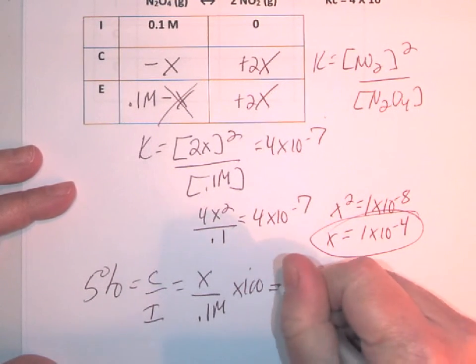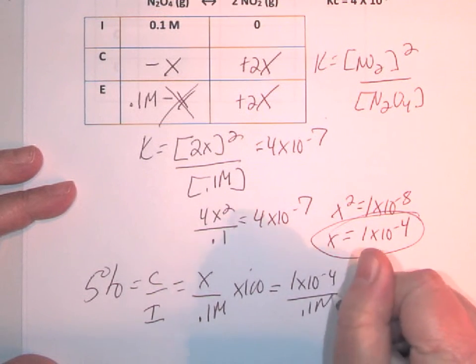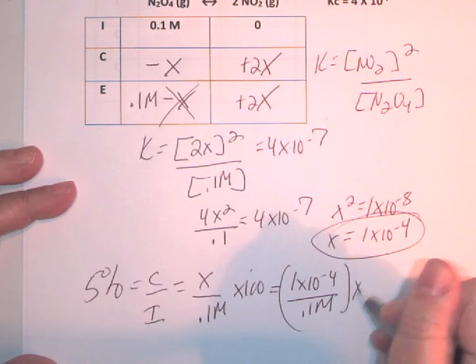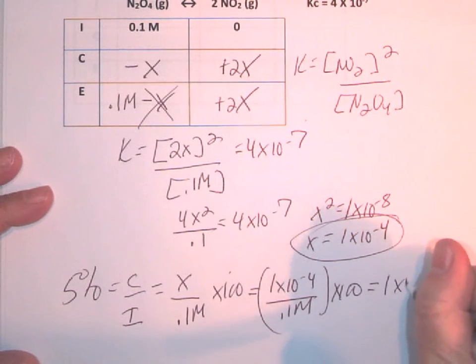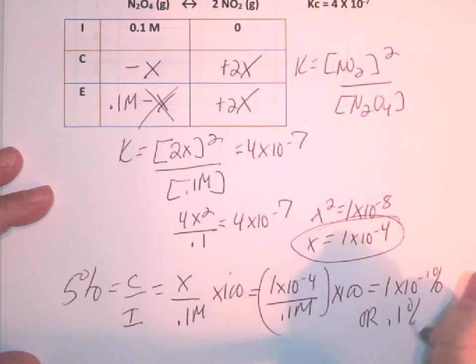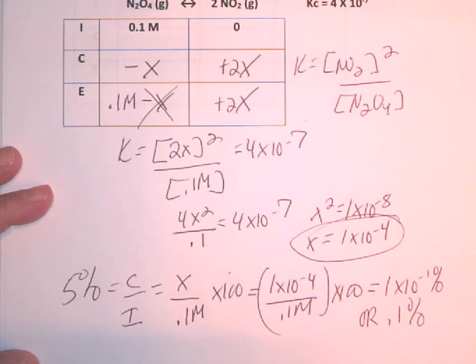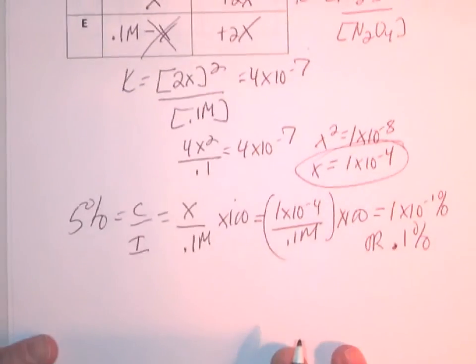So this becomes 1 times 10 to the negative 4 over 0.1 molar times 100 to get it into a percent. And I get 1 times 10 to the negative 1%, or 0.1%. That's easy to say it's less than 5%. So my assumption was good.